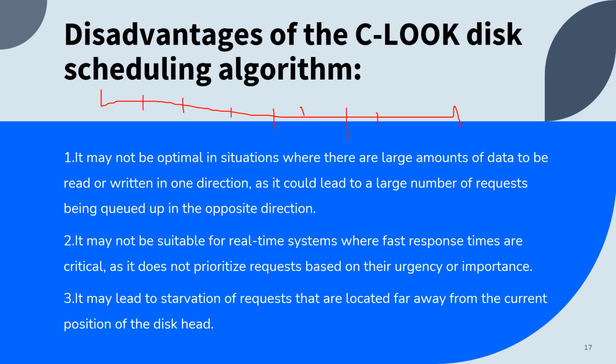If the current head position is here and it starts serving the requests, then it moves here, then here, then here. During this time, the requests from the left side remain in the ready queue. Therefore, this C-LOOK algorithm is not optimal.